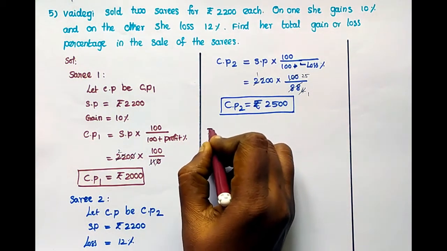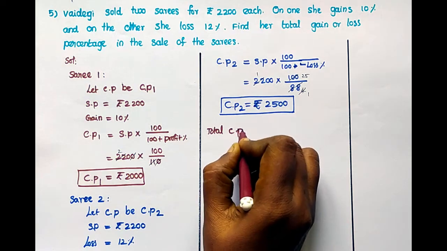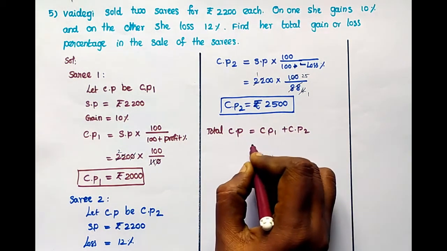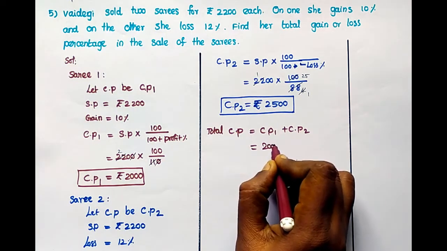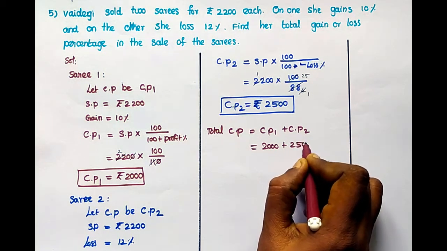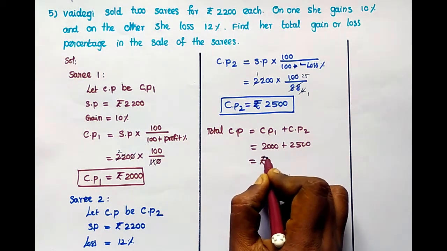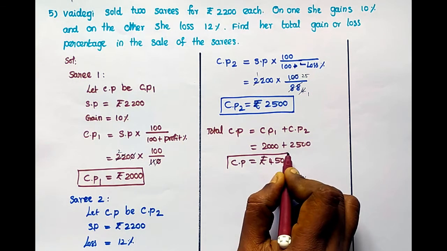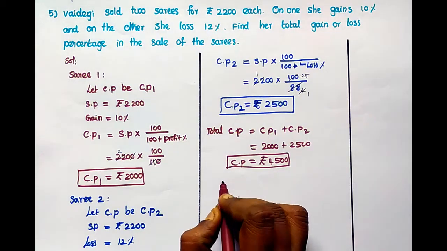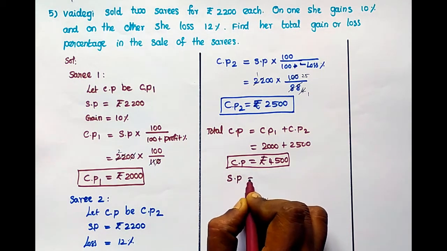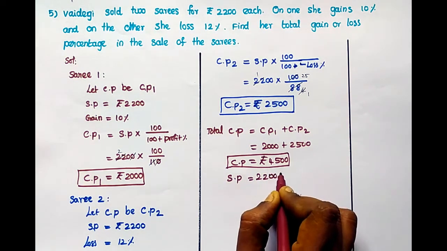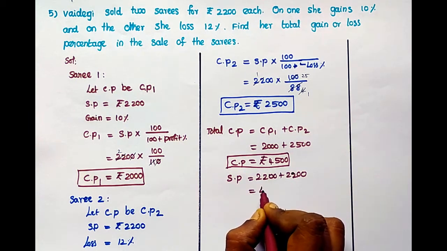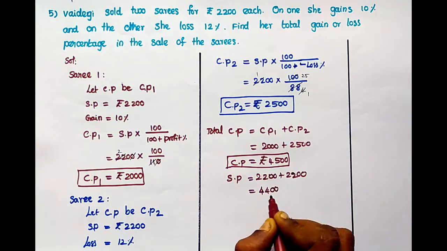Now the total cost price equals cost price 1 plus cost price 2, that is 2000 plus 2500, totally rupees 4500 cost price, and selling price, that is 2200 plus 2200 equal to 4400.